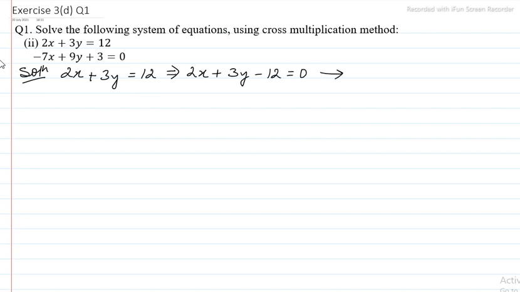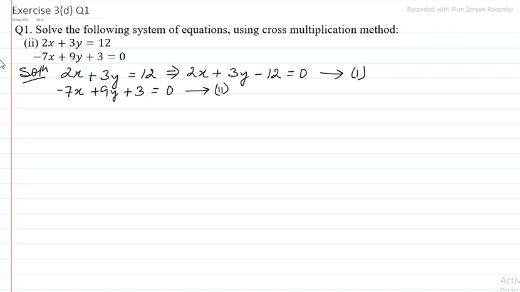So I'll name this equation 1. Now the equation minus 7x plus 9y plus 3 equal to 0 is already a linear equation in the standard form, so I will name this equation 2.